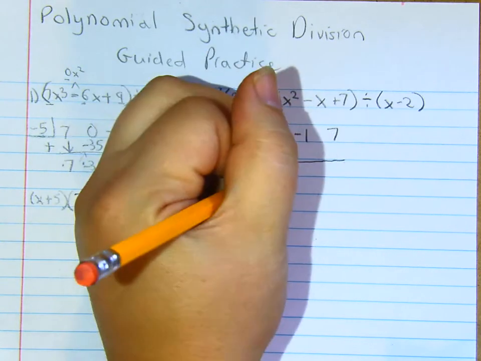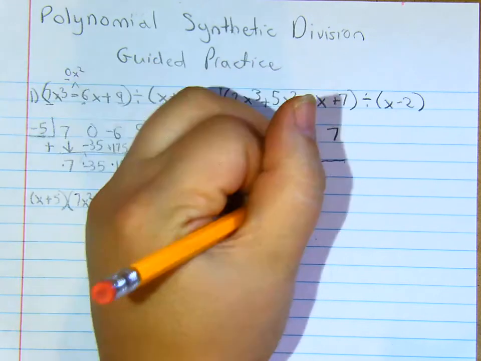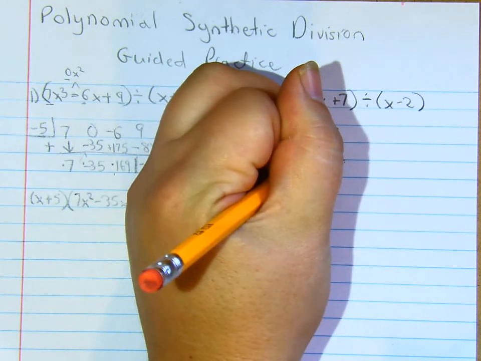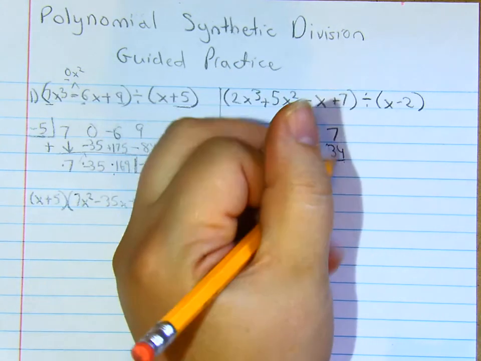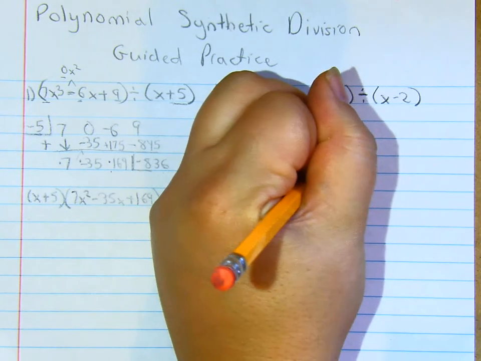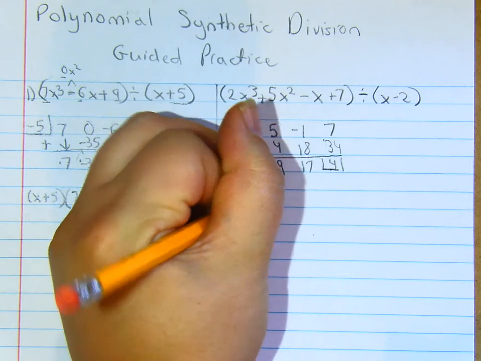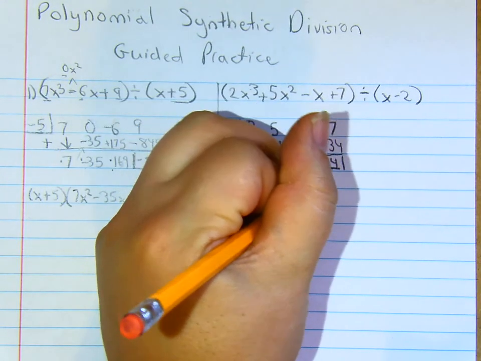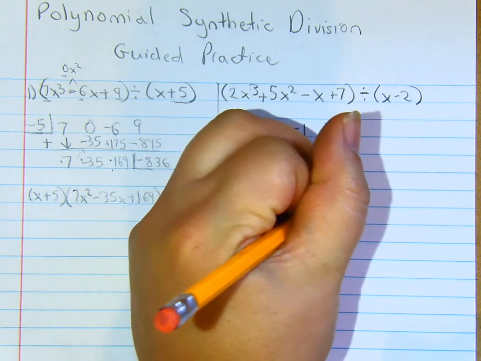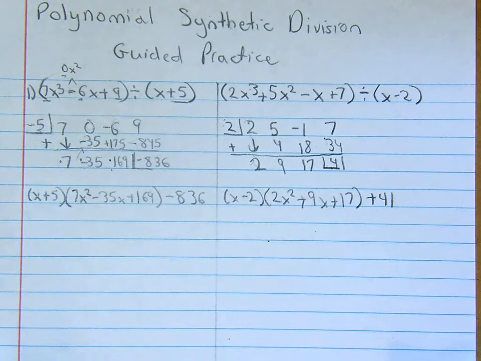Bring down, multiply, add, multiply. So then my answer becomes x minus 2. One less than that is x squared. It's 9x plus 17, close parentheses, with the remainder of 41.